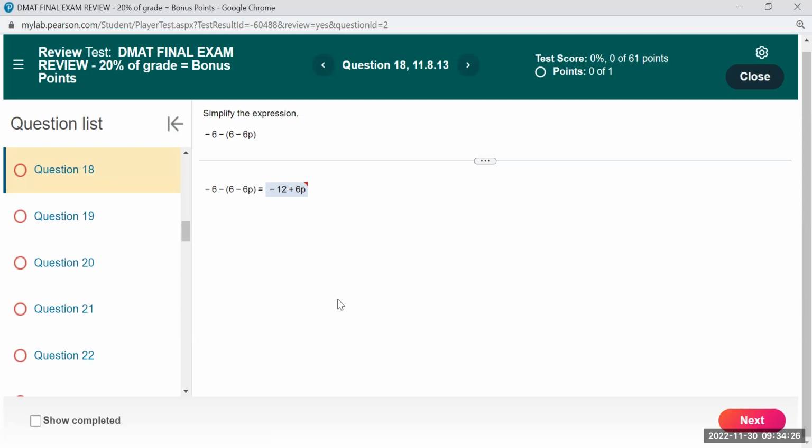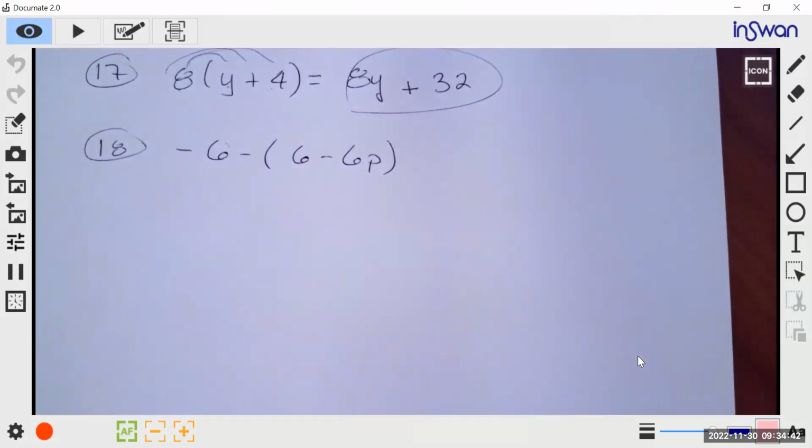Simplify the expression. Negative 6 minus 6 minus 6p. All we're asked here is just simplify.